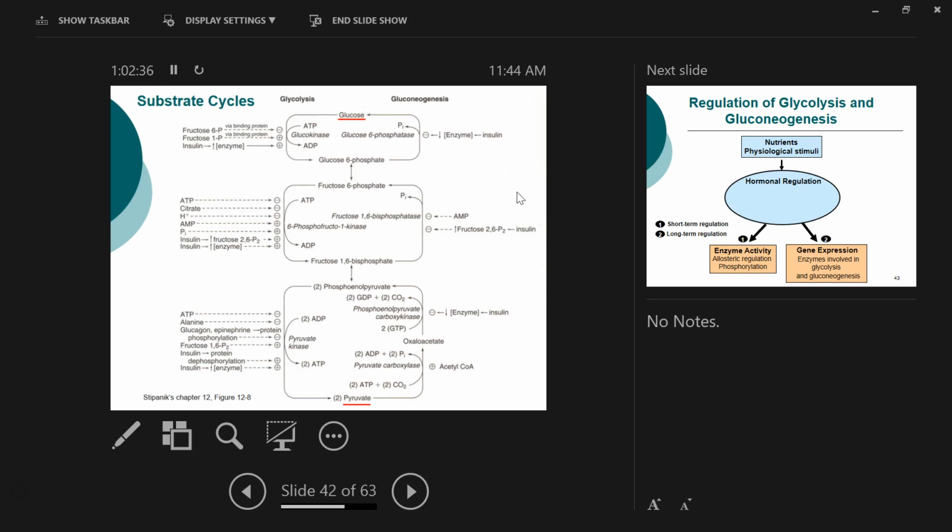So insulin can inhibit the key enzymes in the gluconeogenic pathway, like the first one, glucose 6-phosphatase, and insulin can also inhibit the second key enzyme and also the third and fourth key enzymes in gluconeogenesis. So in general, insulin stimulates key enzymes in the glycolytic pathway and inhibits key enzyme activity in the gluconeogenic pathway.